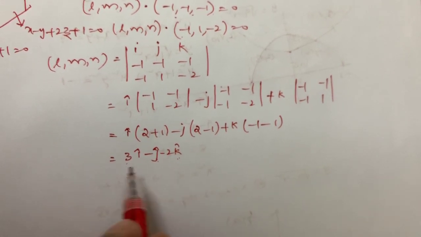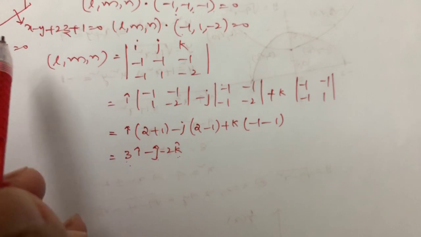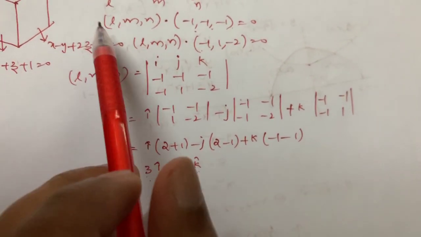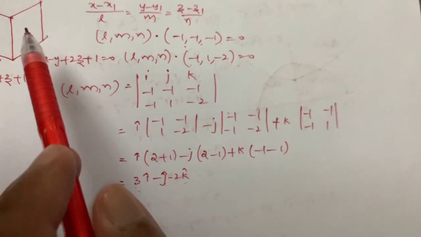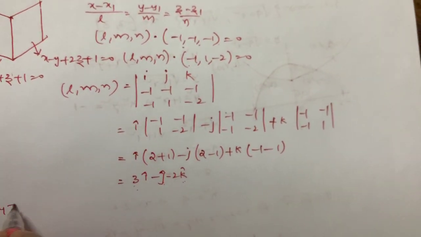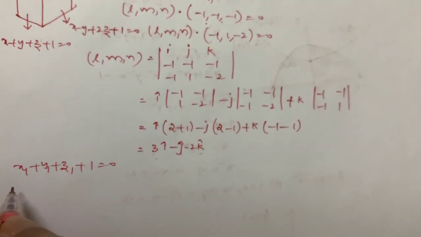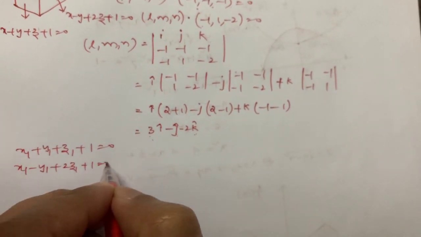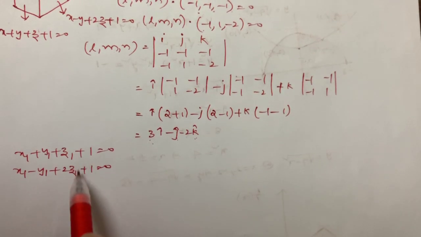So, these are DRs of the line. Now I want a point on the plane which contains this line. This point x1, y1, z1 belongs to both the planes. So, x1 + y1 + z1 + 1 = 0 and x1 - y1 + 2z1 + 1 = 0. I have 3 unknowns but 2 equations, right.